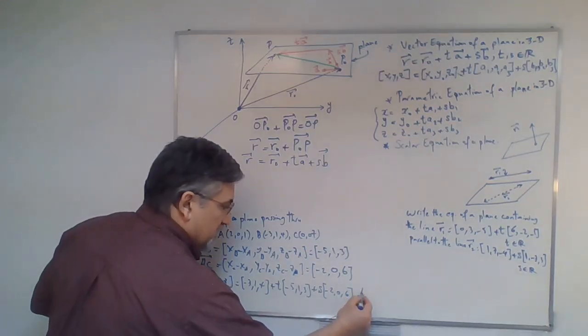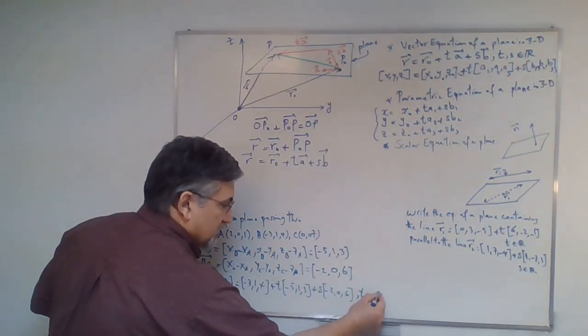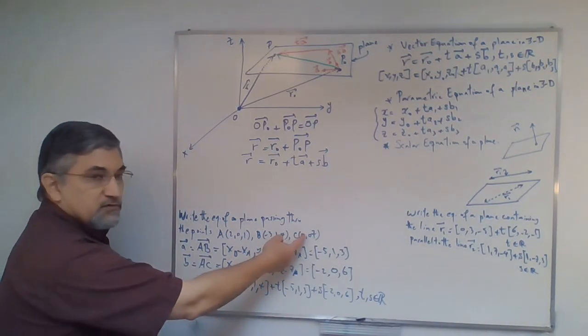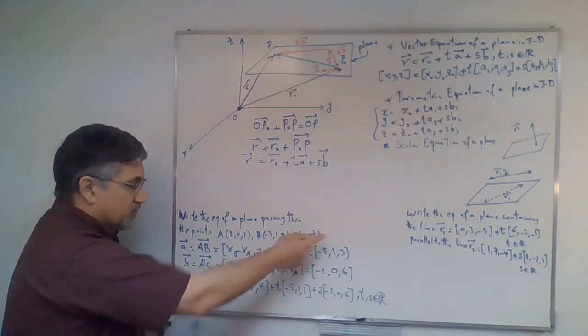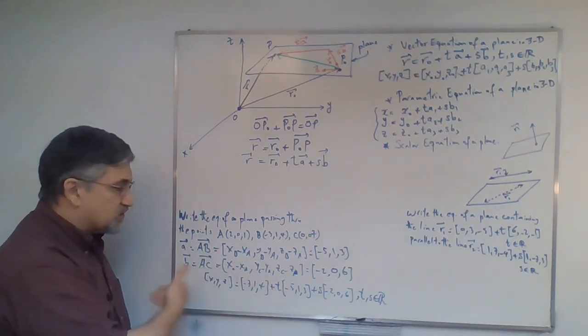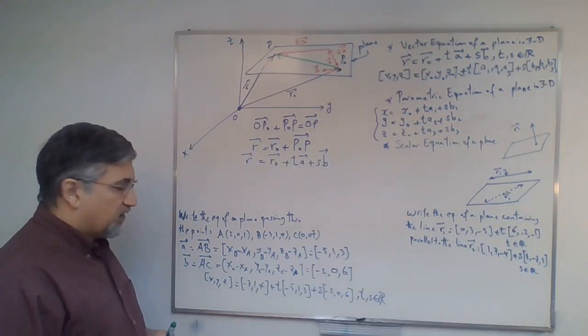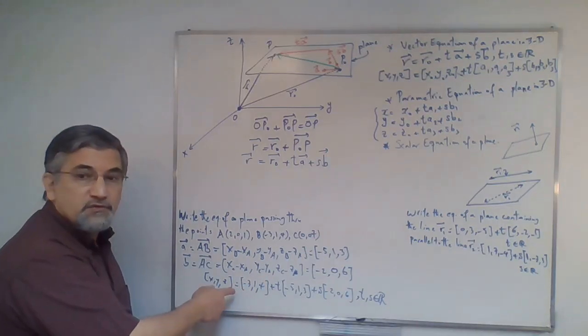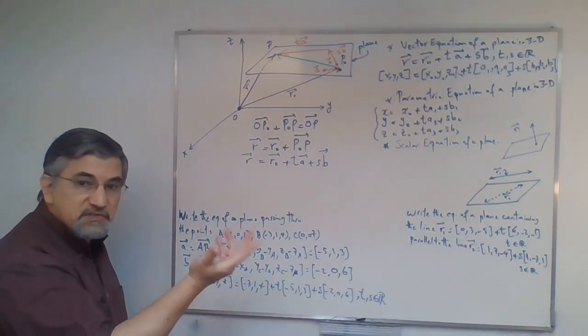And of course, always we have to say that t and s are scalars. Now, instead of -3, 1, 4, I could have chosen the other point, 0, 0, 7 or 2, 0, 1. As you see, the equation of a plane is not unique. You can have any point on the plane selected.